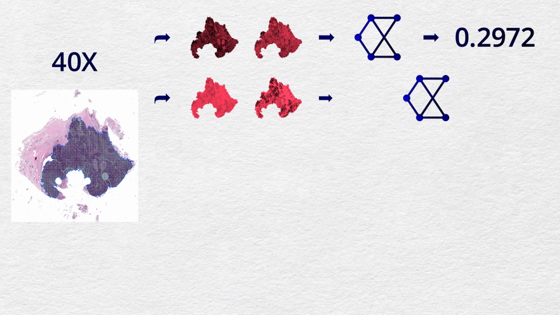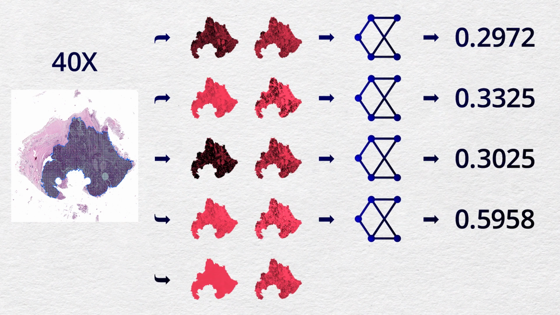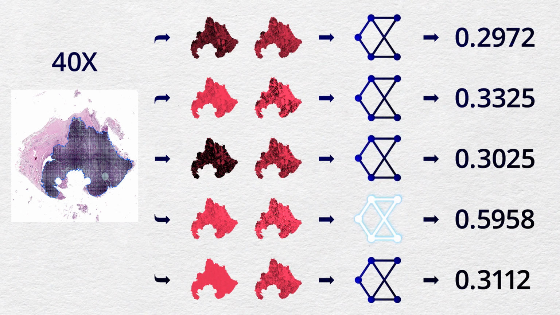For each resolution, there is an ensemble of 5 trained models, created by 5 unique training runs. Due to random initialization and sampling, each trained network is unique. When applied, they produce 5 different predictions of poor prognosis.